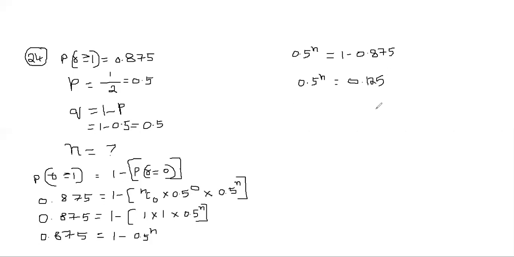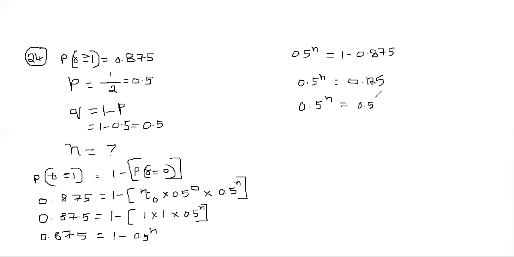So here we need to apply some logic, some mathematical techniques. So 0.5 raised to the power of n is equal to 0.125. 0.5 raised to which power are we going to get 0.125, that we need to work out. 0.5 raised to the power of 1, you will get 0.5. 0.5 raised to the power of 2, you won't get 0.125.